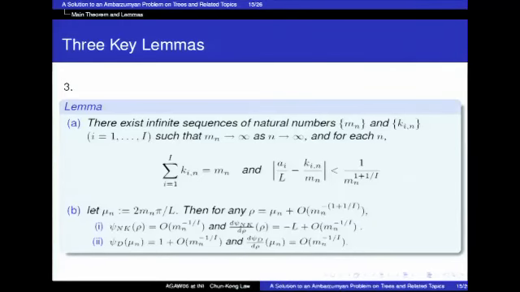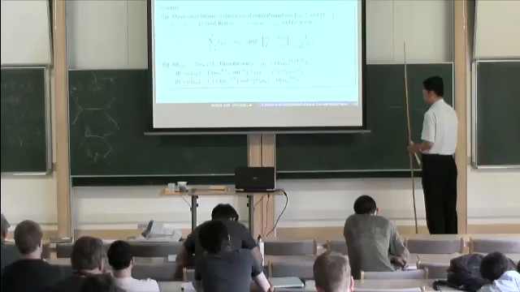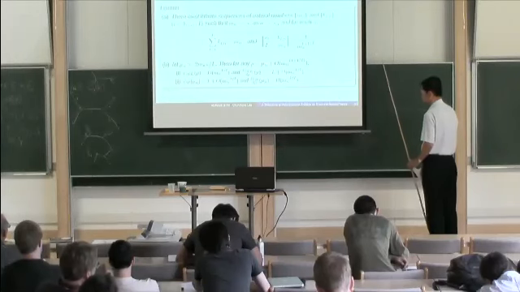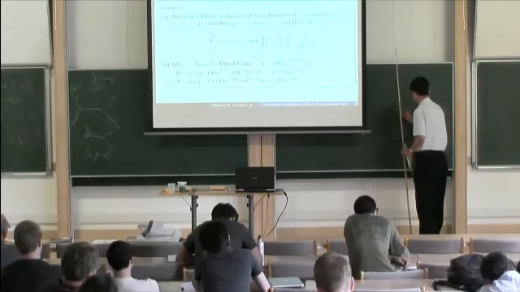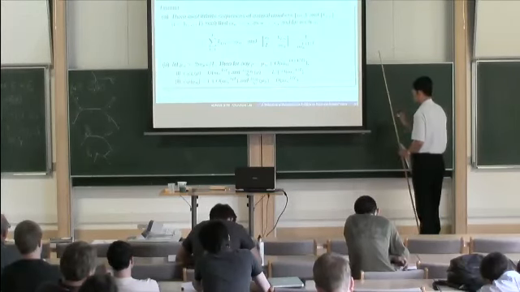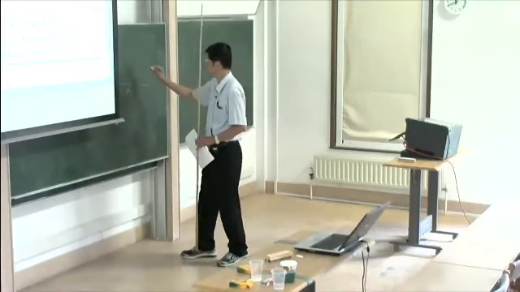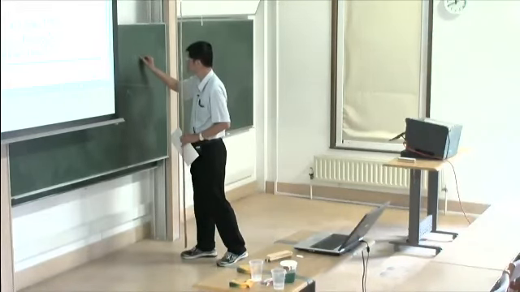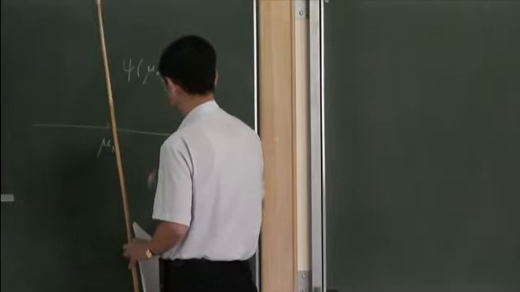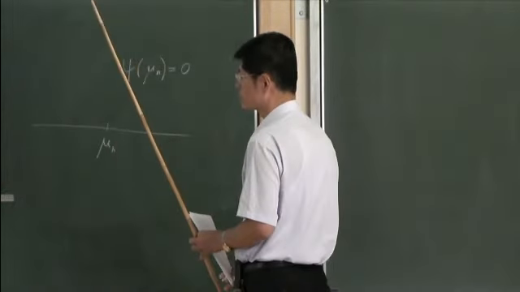So what I'm saying is that at this mu_n, phi of mu_n will be 0.